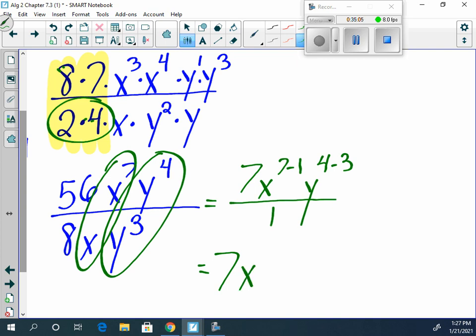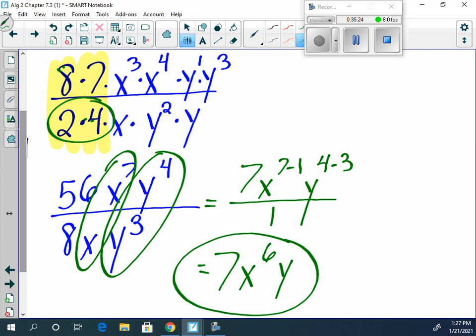So 7x. 7 minus 1 is what? 6. 4 minus 3 is 1. So we get this here. Questions on this here? Are we good with this here?